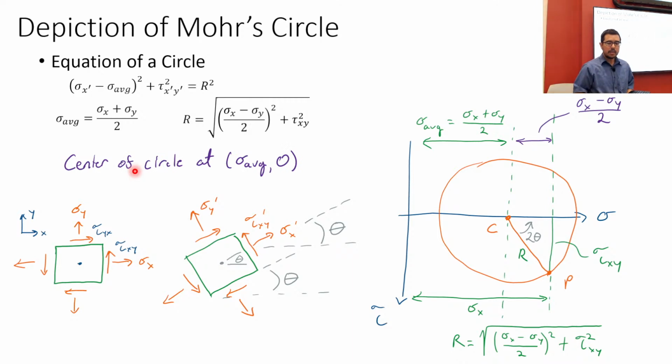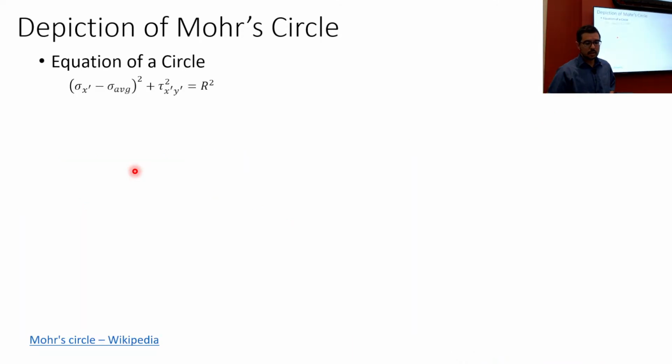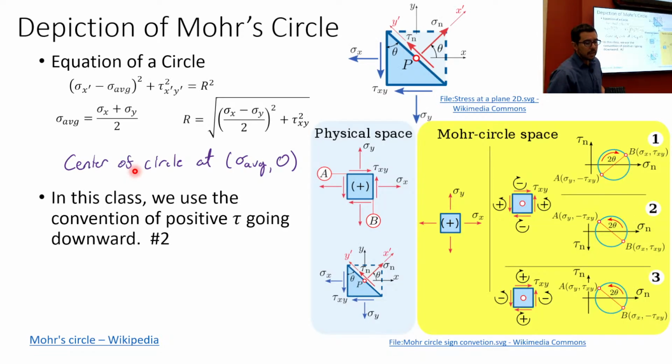Now, we just went through all this. What in the world? So, center of circle is at sigma average, 0. And in this class, we're going to use another convention of positive tau, as we were saying, going down. So we're using number 2 over here. Different books can use different conventions.